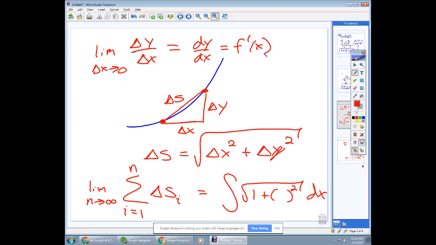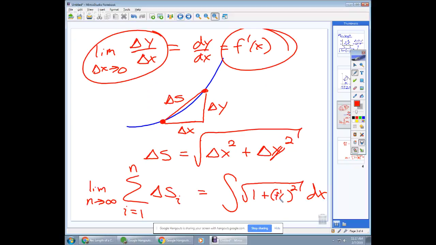That's the definition of f prime of x. Change in y over change in x, right? Let the bottom go to 0. Delta x is our h, way back from Calc 1. This turns into f prime of x. So that's what goes right here, f prime of x, dx.